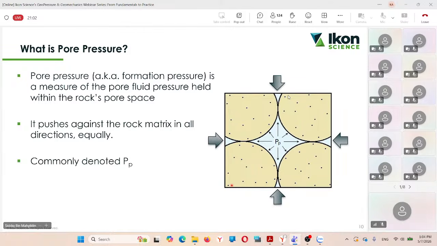So to start with pore pressure, a simple question is, what is pore pressure? You can see over here in this diagram, pore pressure is basically the pressure of fluids inside a pore. It acts equally in all directions. It pushes against the matrix. For example, in the subsurface, we also have stresses around, right?